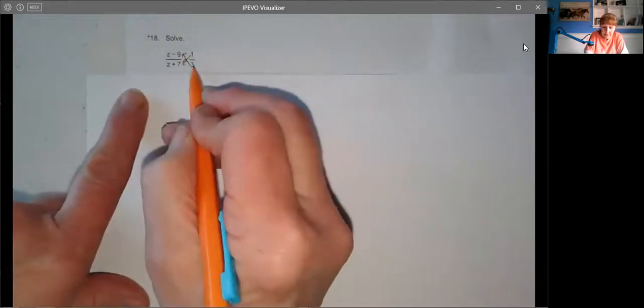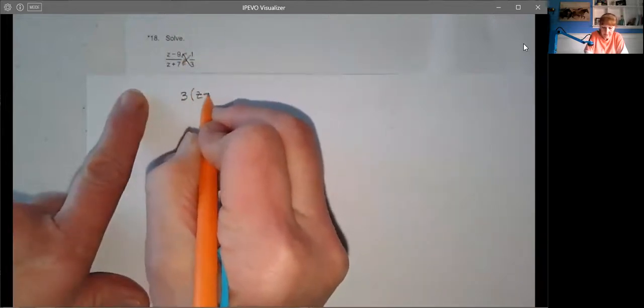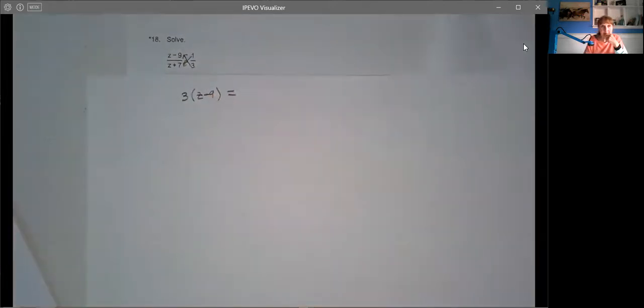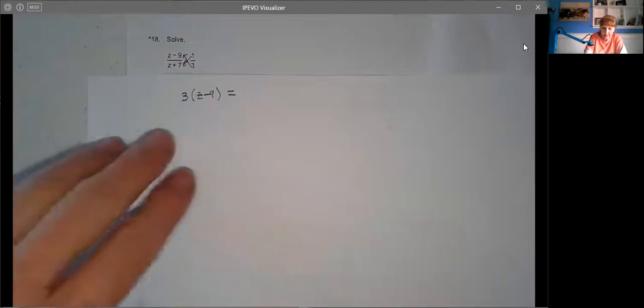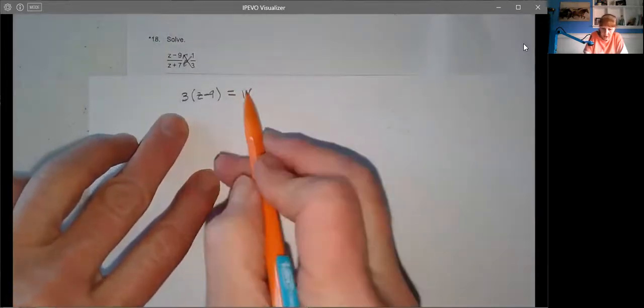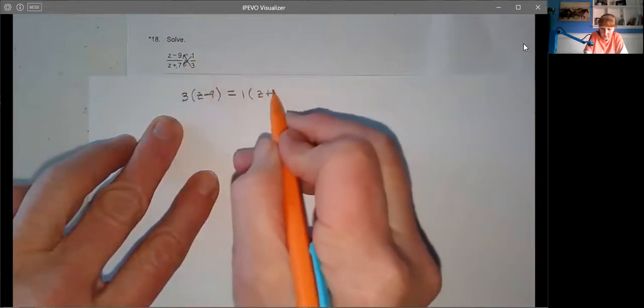When I take the 3 times that, z minus 9, you need to have parentheses. So I took 3 times z minus 9. I cross my z's. That's how I tell the difference between my z and my 2. Then we're going to take 1, and I'm going to go ahead and put parentheses even though we really don't need it. I'm going to take the 1 times that. And we'll go through all 3 of these.